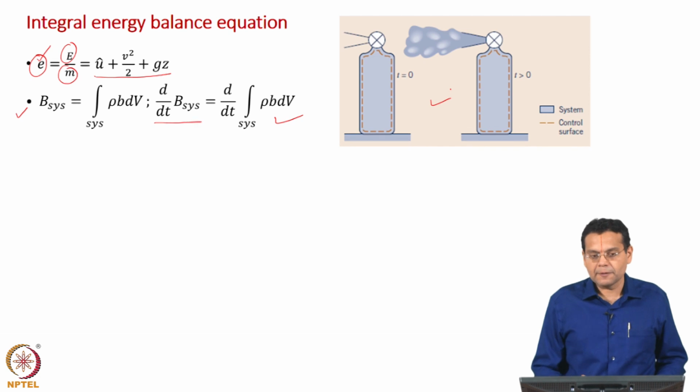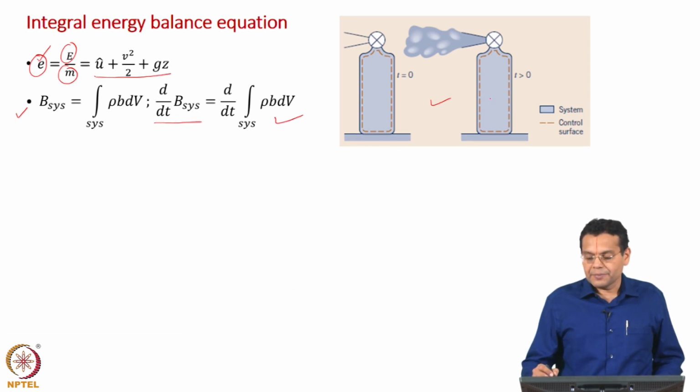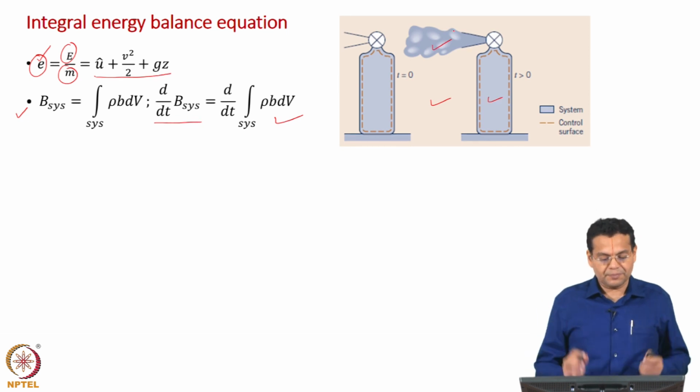We have a cylinder at time t equal to 0, and the gas inside the cylinder is identified as the system. At some time t later, if you open the valve, part of the gas escapes, but the system still consists of the gas remaining in the cylinder and whatever has escaped. That is the system.